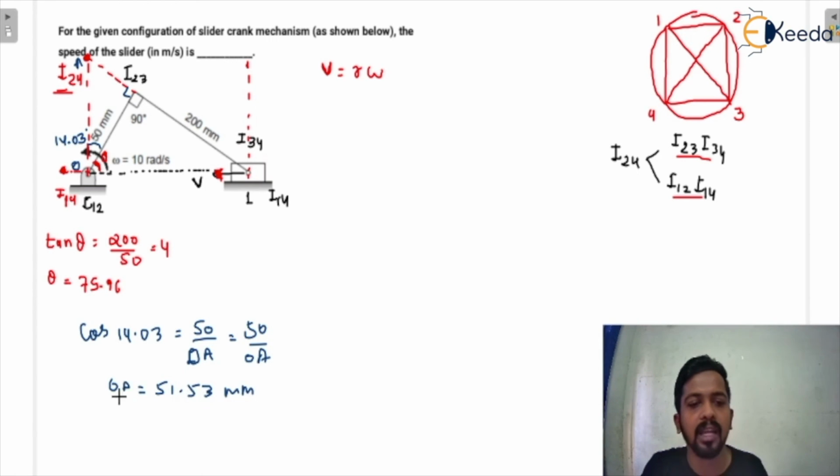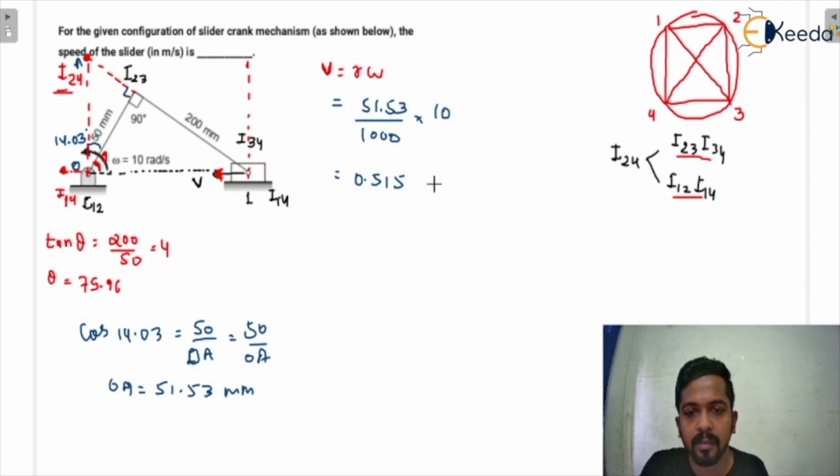It is in mm. Now this is not the answer, because we have to calculate the velocity in meter per second. So I divide it by 1000 and multiply by omega. Omega is 10 radian per second. So finally you will get the answer 0.515 meter per second. That would be the final answer.